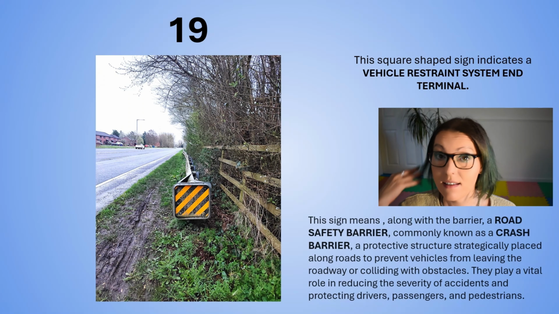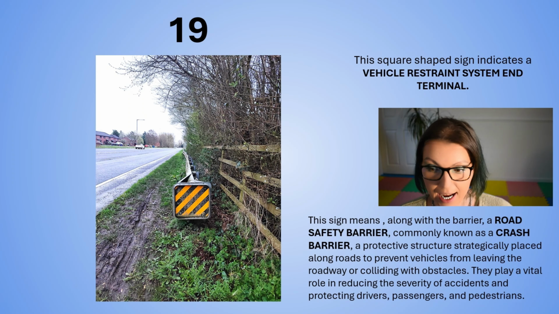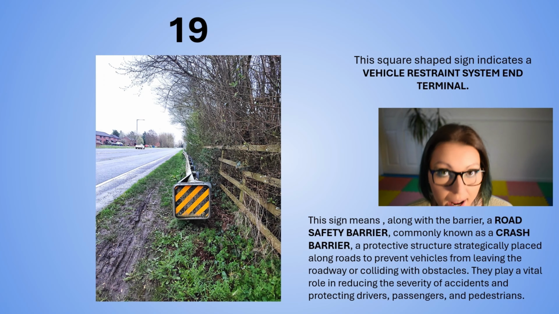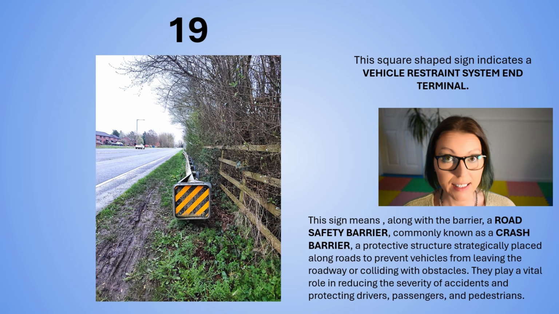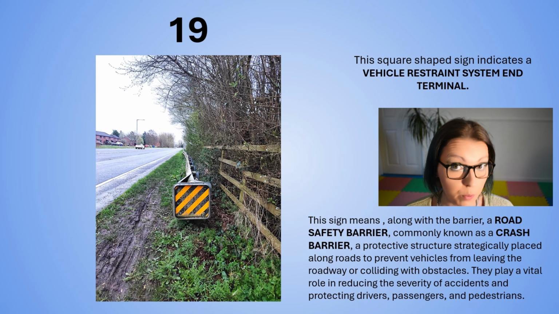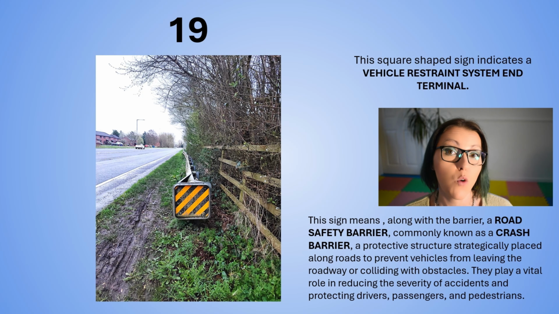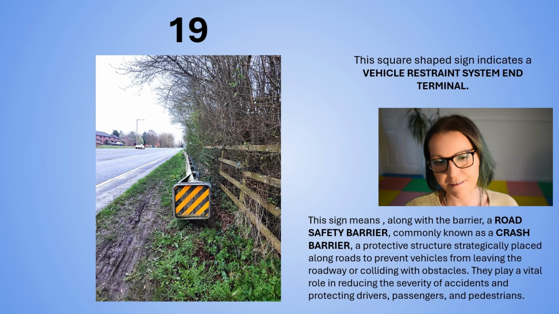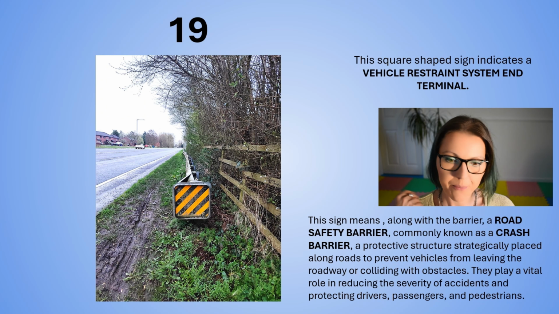This sign means, along with the barrier behind the sign, a road safety barrier, commonly known as a crash barrier, a protective structure strategically placed along roads to prevent vehicles from leaving the roadway or from colliding with obstacles. In this case, you might see obstacles like the fence and the woodland area in this photo.